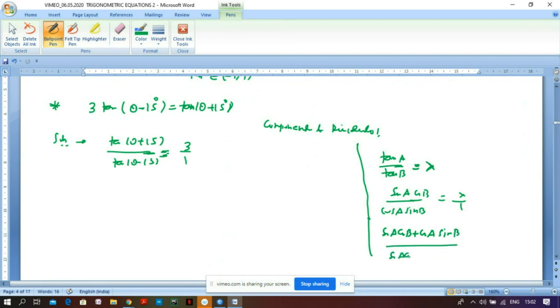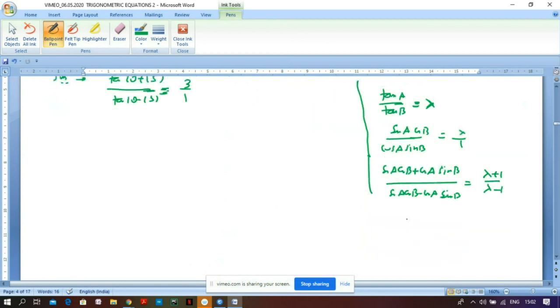over sin A cos B minus cos A sin B, the difference in the same order: numerator plus denominator, numerator minus denominator. So numerator plus denominator and numerator minus denominator, maintain the order. So this is sin of (A plus B) over sin of (A minus B). That equals (lambda plus 1) upon (lambda minus 1).